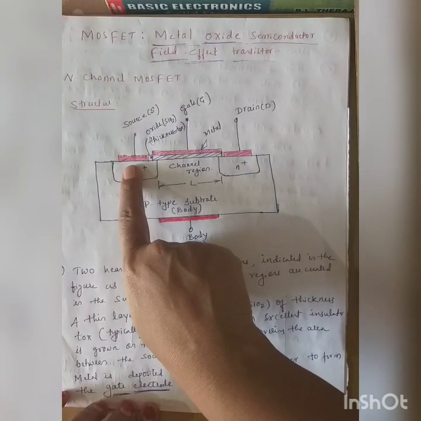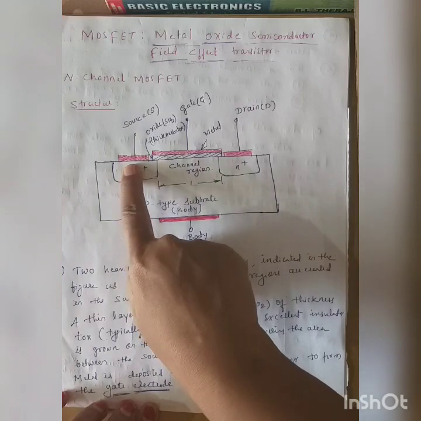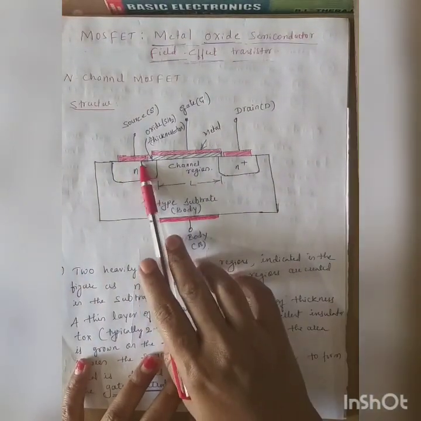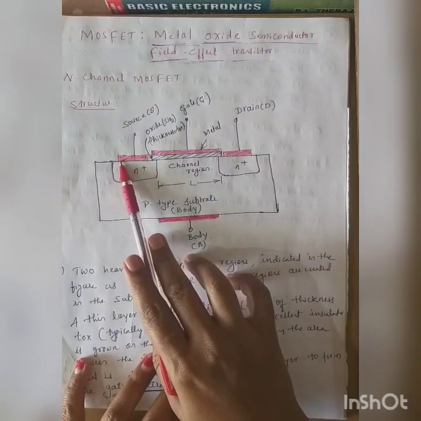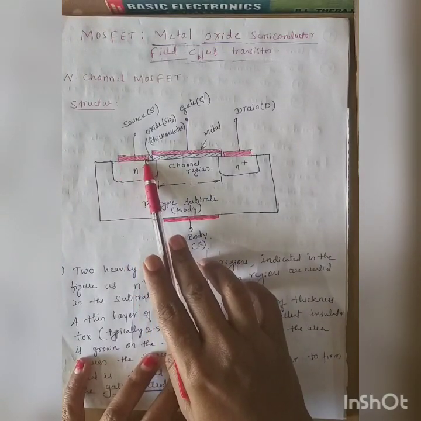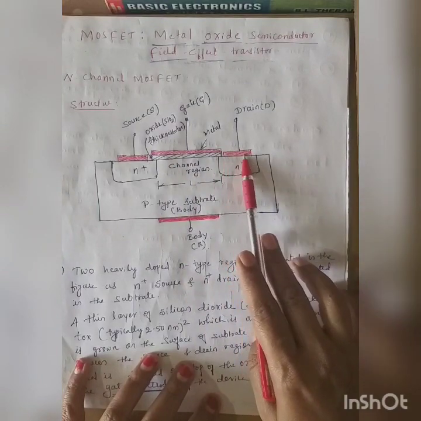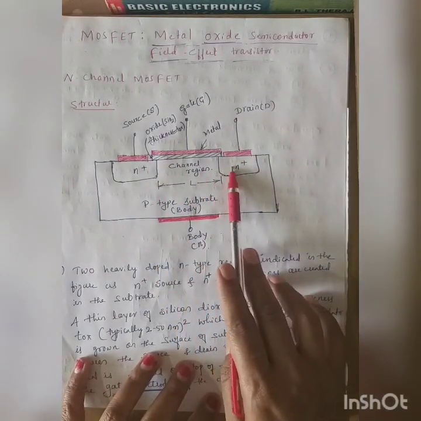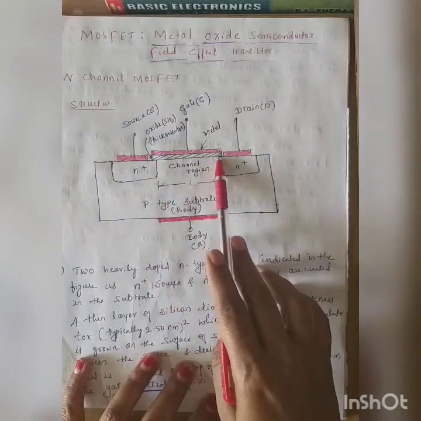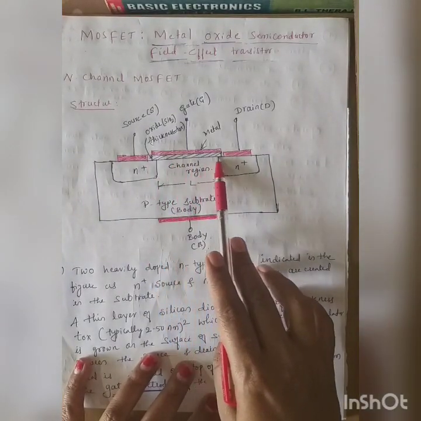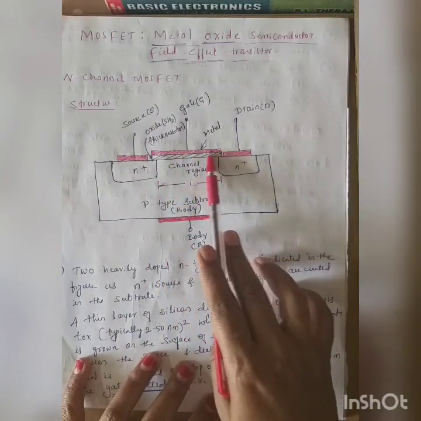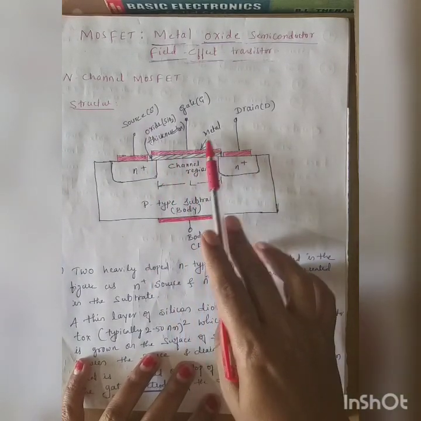And the red pen indicates the metal contacts which have been taken out for connections. So this is the connection for this N region, and this is the connection for the other N region. In between these two N regions we have a metal, which I have drawn in blue ink, and on top of that, marked again in red ink, it is again going to be a metal.